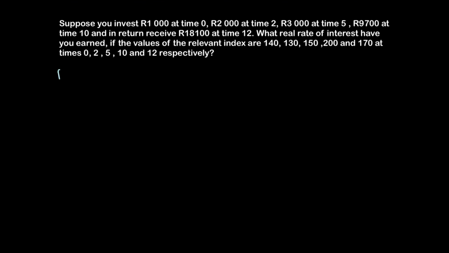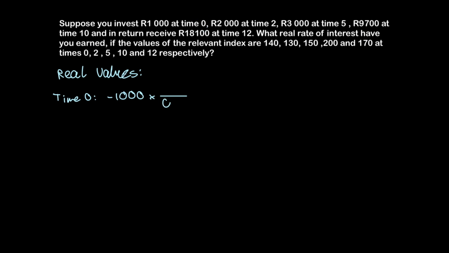So let's go ahead and write here real values, and then at time 0, we have our cash flow is 1,000 Rand, and we're investing that. So it's coming out of our account, minus 1,000, and we need to multiply that by the relevant indices. So first we divide by where it's coming from, and where's it coming from?